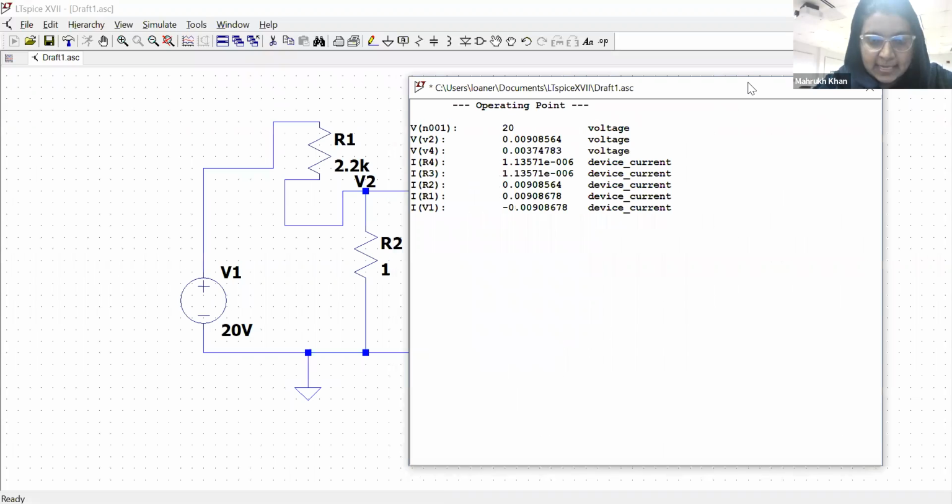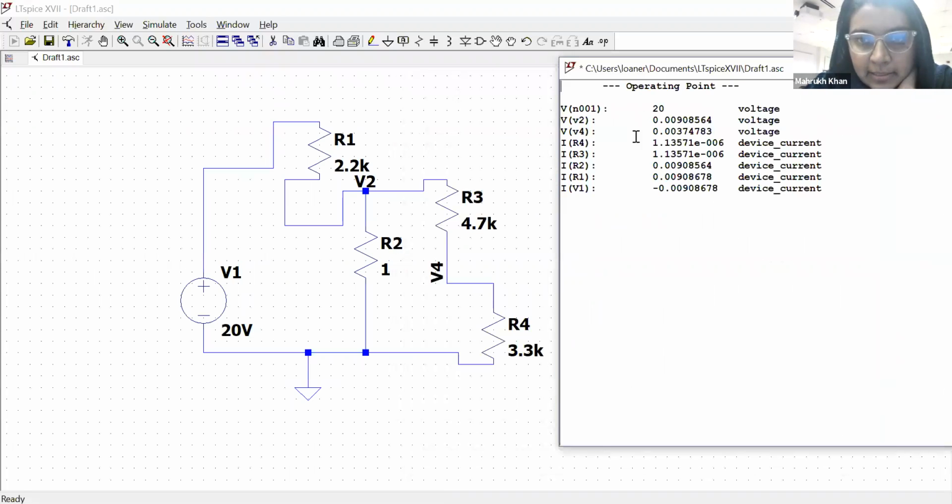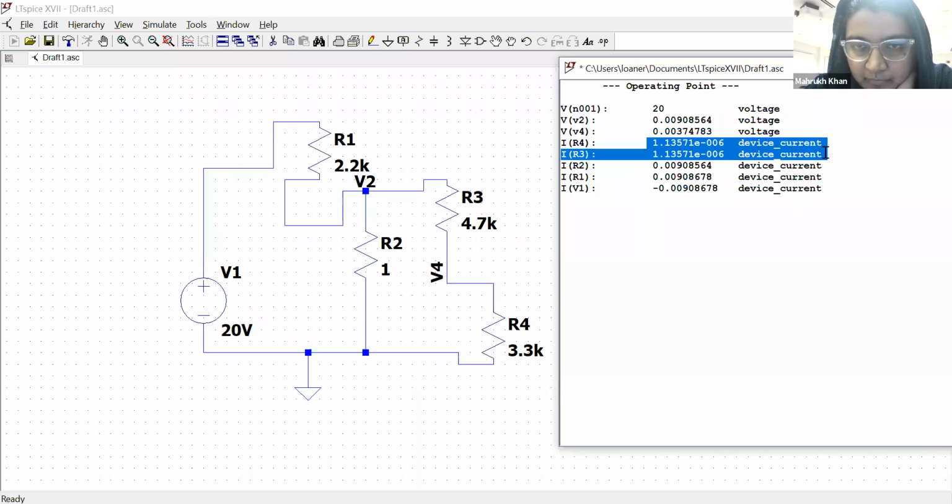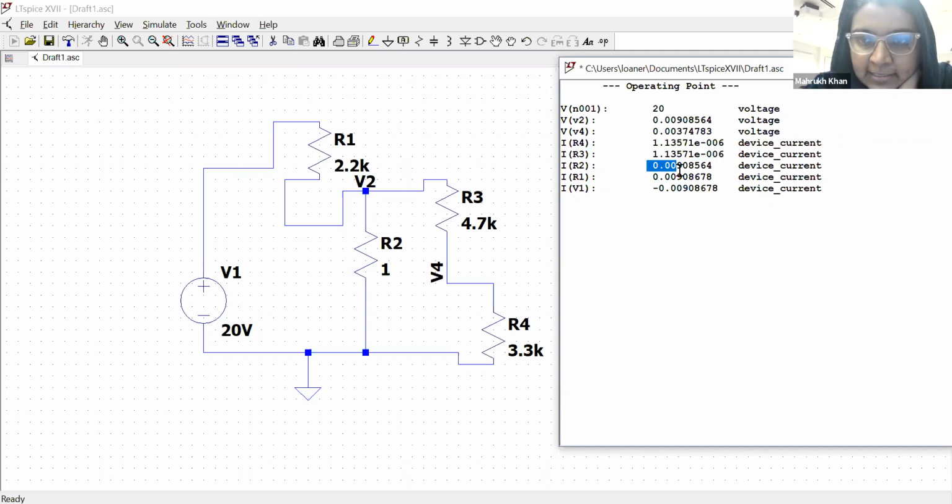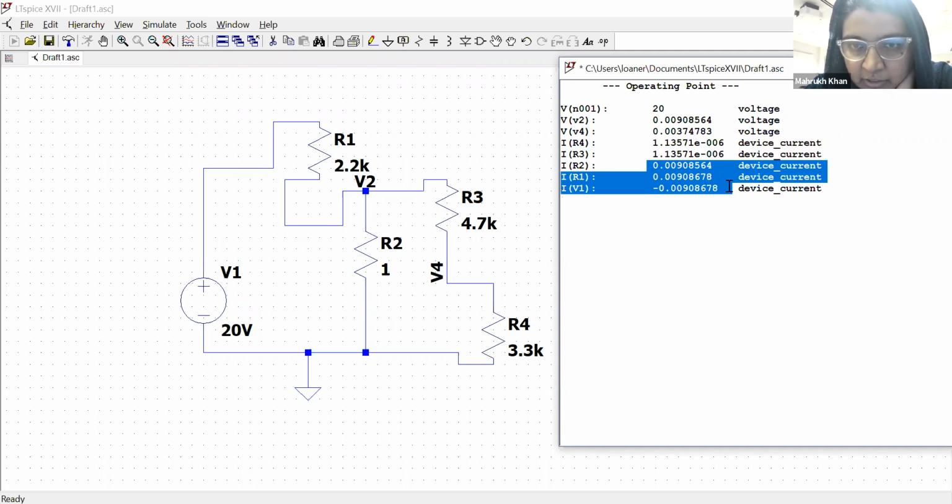You can see that with 1 ohm, your IR4 and IR3 are reduced to almost negligible, and your IR2 is the maximum current. In this loop all the current will be flowing, and this loop is just getting out of the circuit.